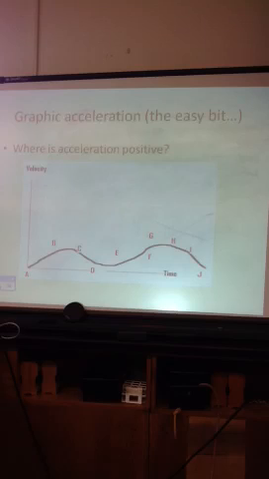Okay, from C to D, is the acceleration positive or negative? Negative. All right, D to E? 0. The acceleration is 0. Is the velocity 0? No. It's slow. They're approaching 0, but they're not 0. From E to F, acceleration? Positive or negative?